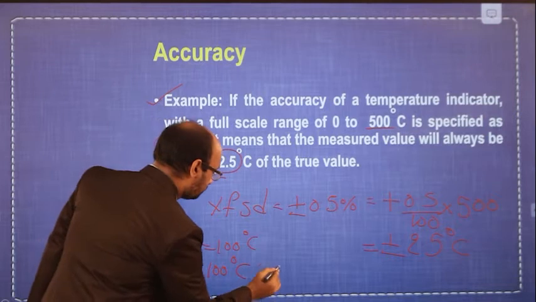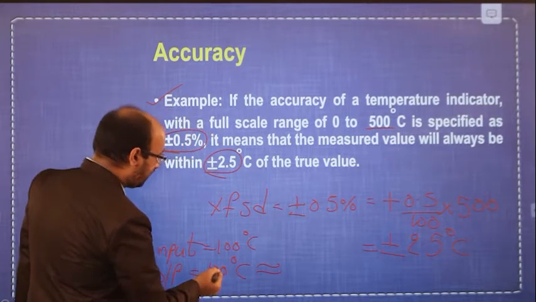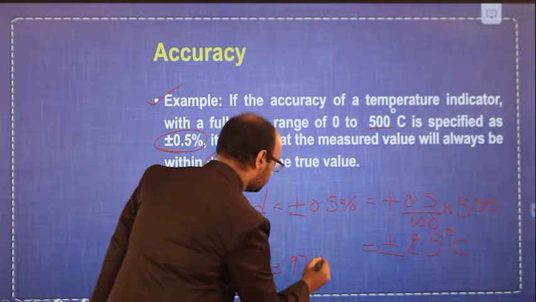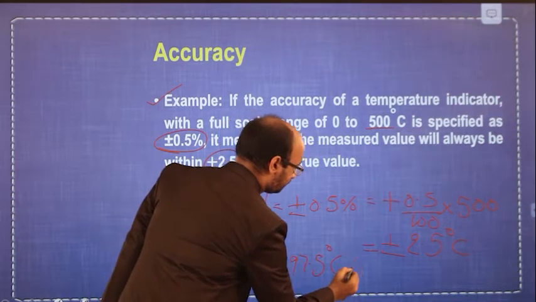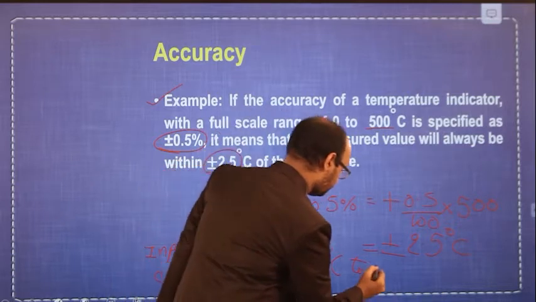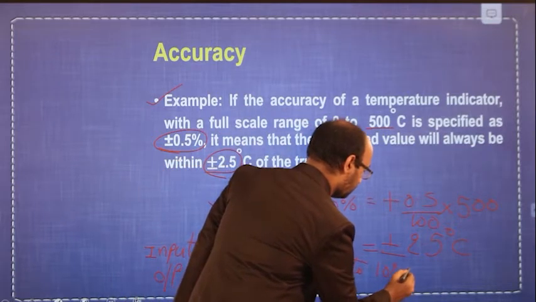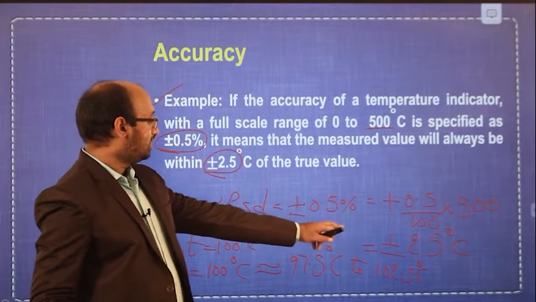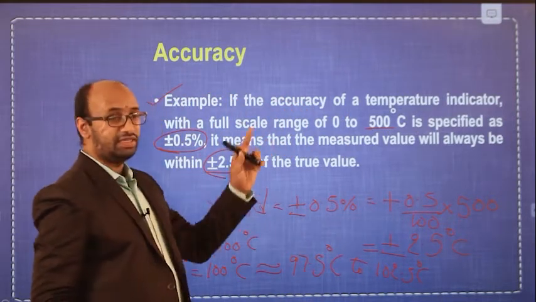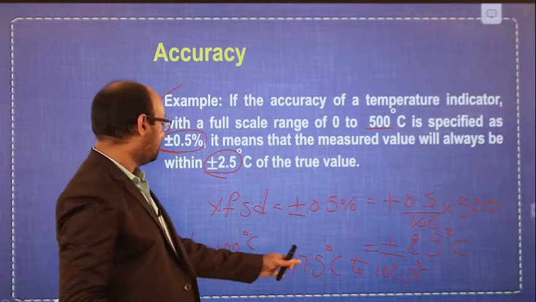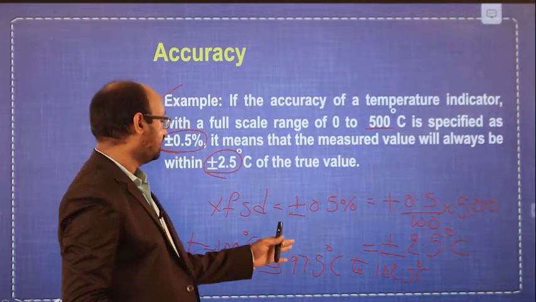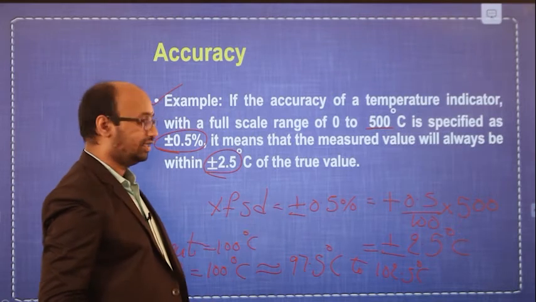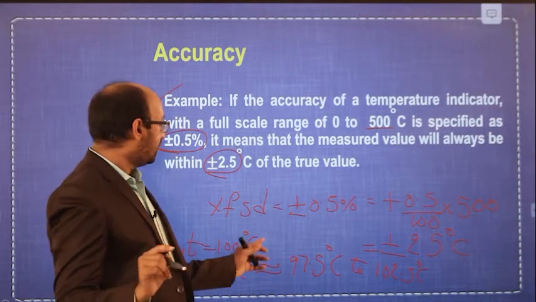So by considering the accuracy specified, the value measured by this temperature indicator will always be in the range of 97.5 degrees centigrade to 102.5 degrees centigrade for an input of 100 degrees. Ideally it has to show 100 degrees.